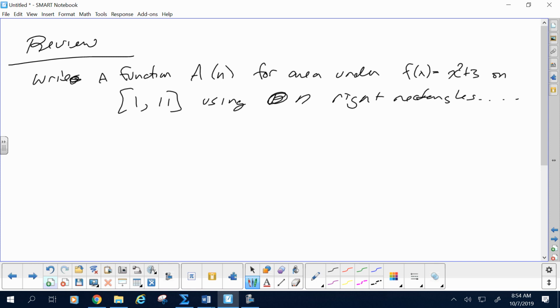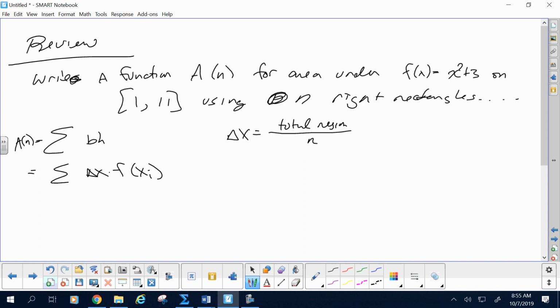Okay, so I hope you remember that the idea is you're trying to estimate the area by the sum of many base times heights rectangles, okay? And the base is delta x, and the height is the function at different x's. Now, if you recall, delta x is the total region divided into n rectangles.